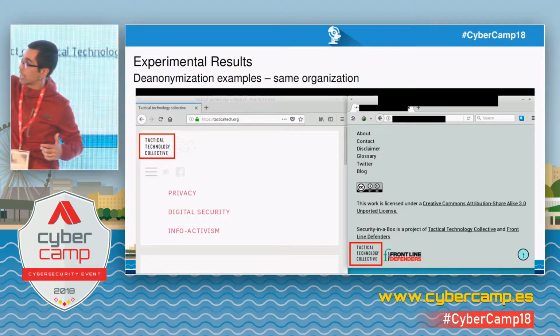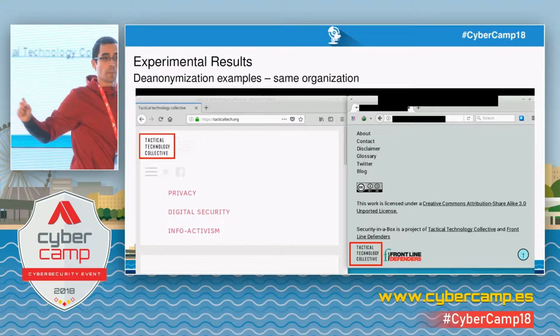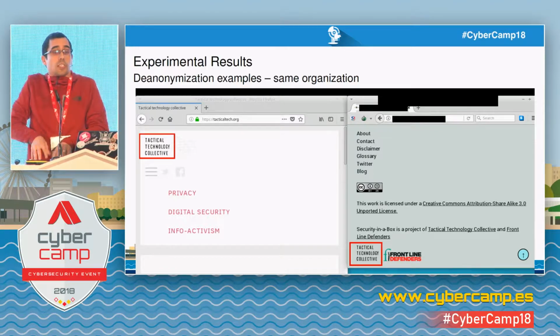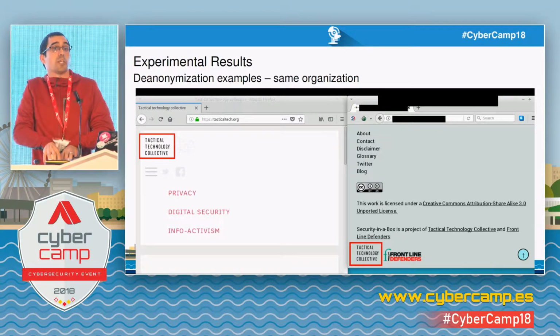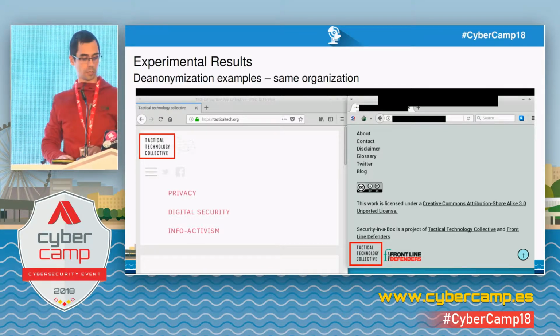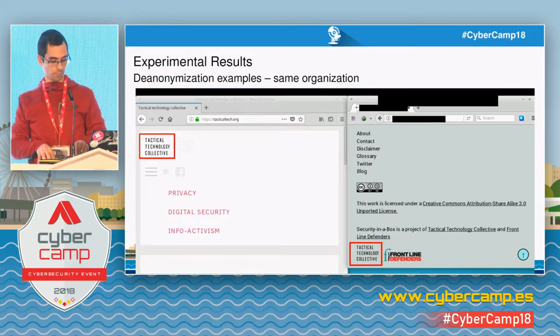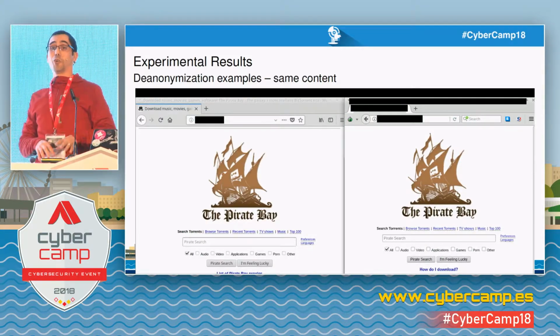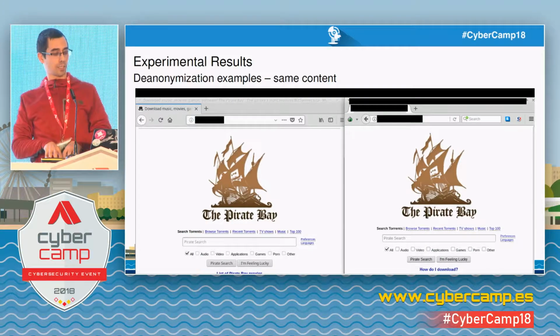We checked that out, and actually it's the same company. Probably this is so because perhaps they have the same server providing services to the internet and also to the Tor network.